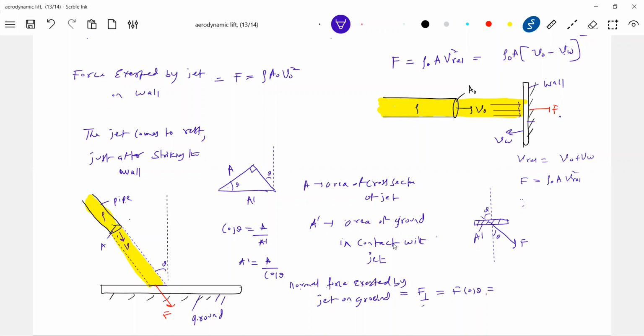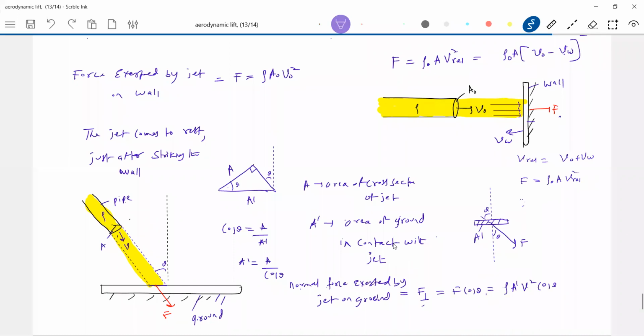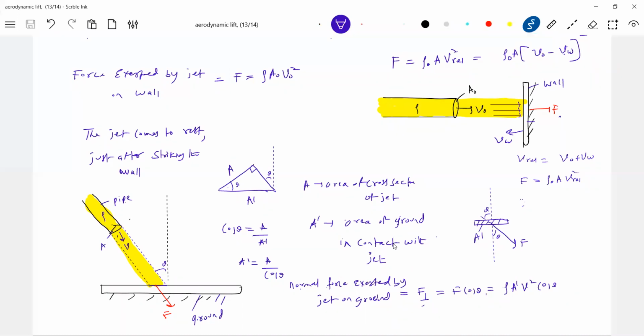What is F here? Rho A dash V square into cos theta. And what is A dash? A dash will be A cos theta. How much will we get? Rho A V square only.